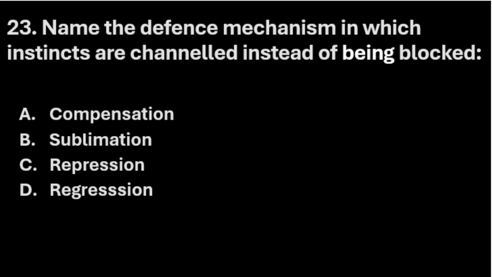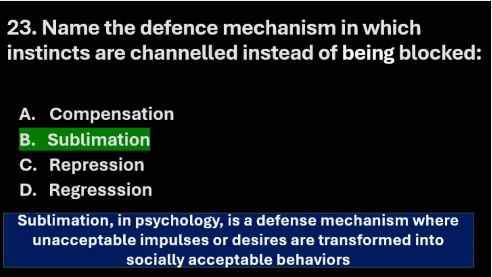Next question. Name the defense mechanism in which instincts are channeled instead of being blocked. Option A, compensation. Option B, sublimation. Option C, repression. Option D, regression. The right answer here is option B, sublimation. Sublimation in psychology is a defense mechanism where unacceptable impulses or desires are transformed into socially acceptable behaviors.